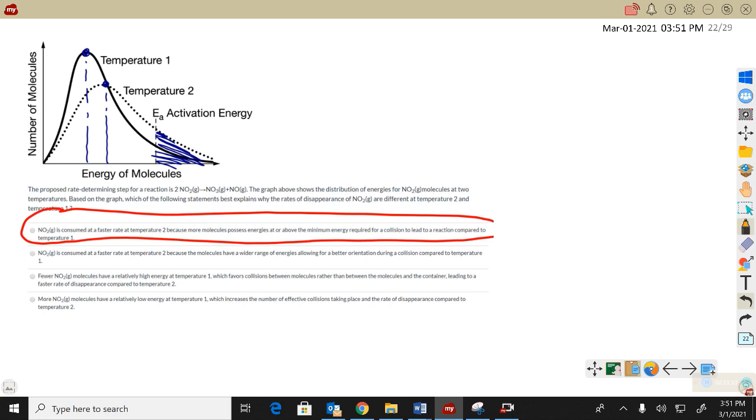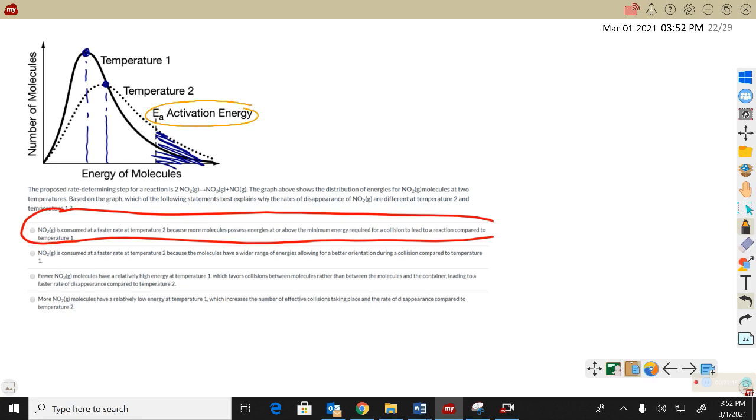But we know that the energy of each particle follows these graphs, where most particles will be at your average temperature, but there's always a small section of particles that are above and a small section of particles that are below the average temperature. And so here, if they marked in activation energy, I can see that for each temperature, there are some particles that are at or above activation energy.